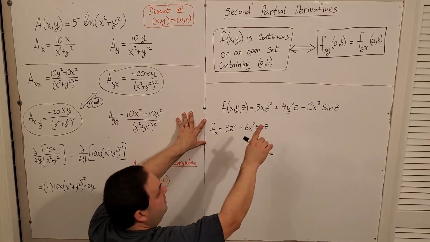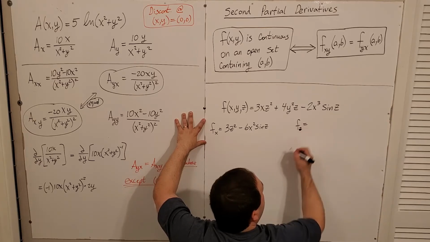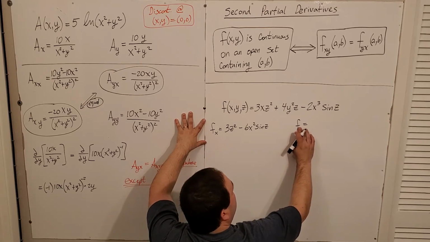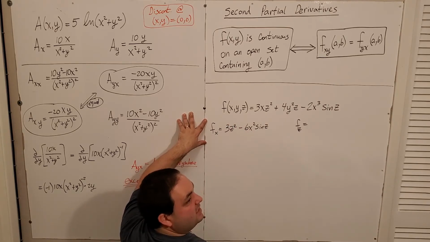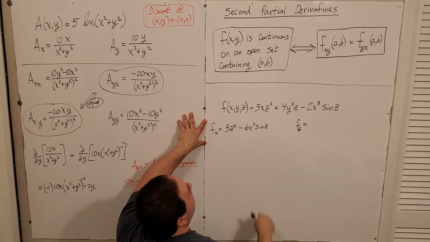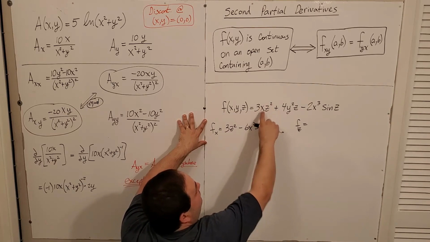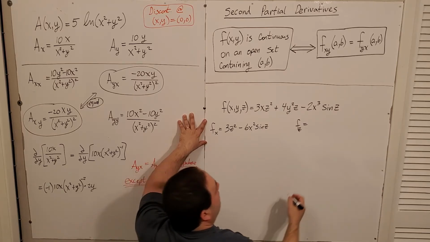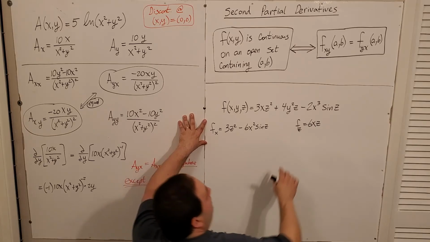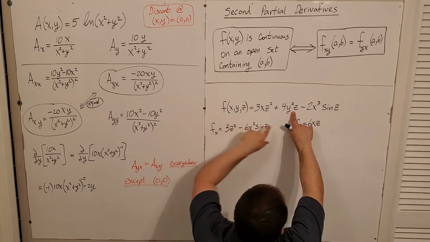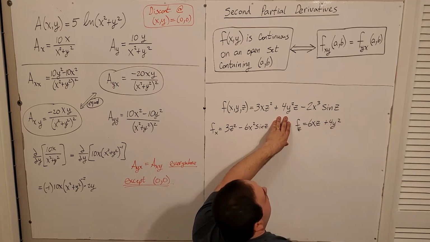Okay. Now do f sub z, in other words, the partial derivative of f with respect to z. Right here, the 3x is along for the ride. The derivative of z squared is 2z, so I'll have 6xz. The derivative with respect to z here is going to be plus 4y squared.